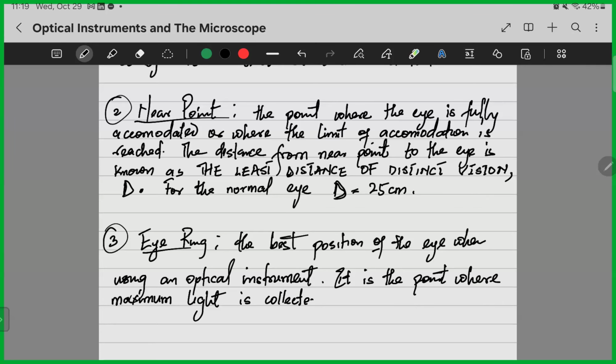For a simple microscope, a magnifying glass, or hand lens, the magnification M is equal to D over F minus 1.